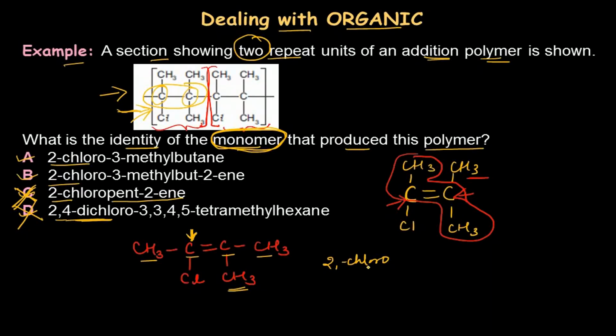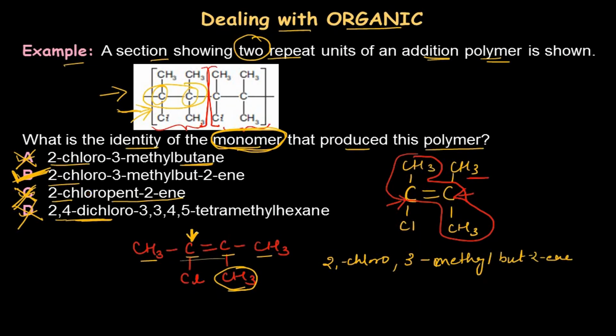Now make out the full name. 2-chloro. We have methyl group on the third carbon. So 3-methyl, and then we have butane with double bond on the second carbon. So we can write as but-2-ene. So because of that, this butane also gets cancelled off, that is eliminated, and you are left with option B as the correct option.